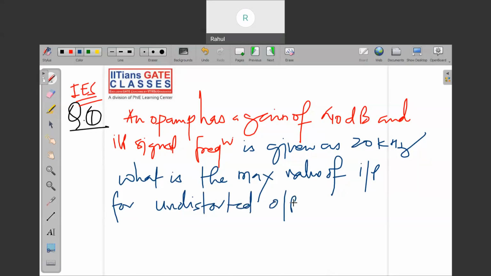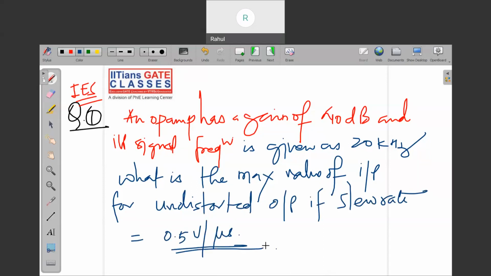The slew rate is also given. It's given as 0.5 volt per microsecond. So you have to find the maximum value of the input for the undistorted output. So this is a question supposedly asked in the HAL examination.